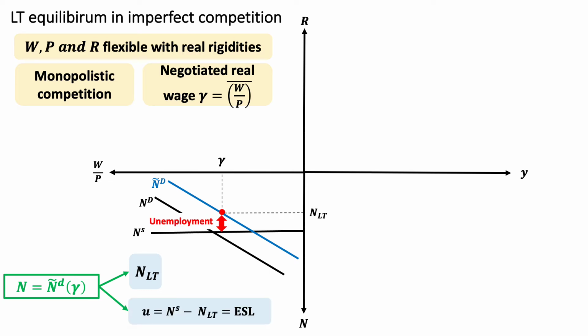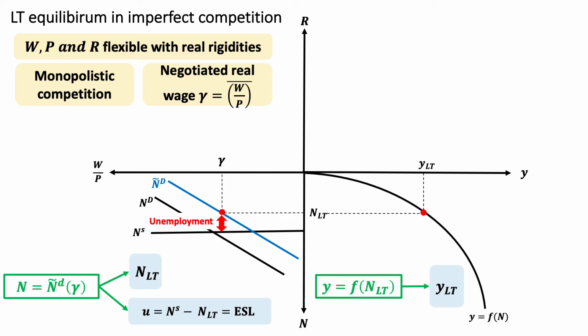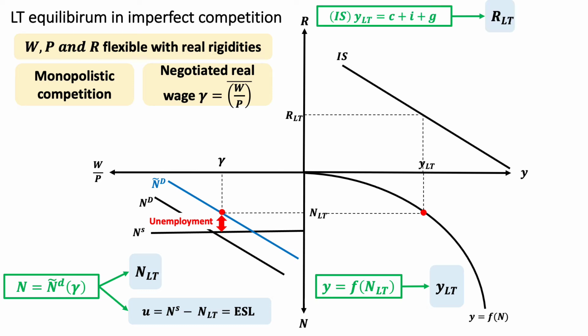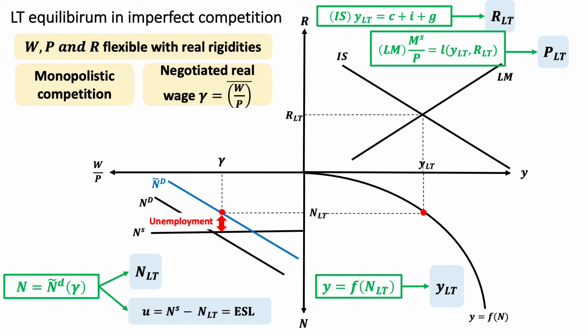So, even in the long run, there always is some persistent unemployment. Nevertheless, the monopolistic firm maximizes its profit under the technical constraints of the production function, P and R are then deducted from IS for R and LM for P, as we said before.